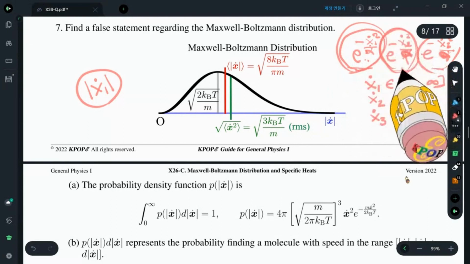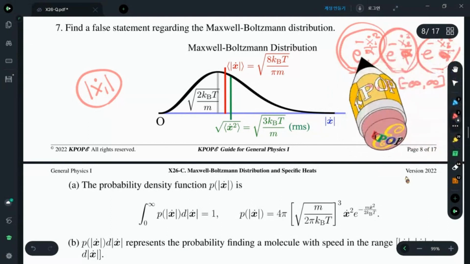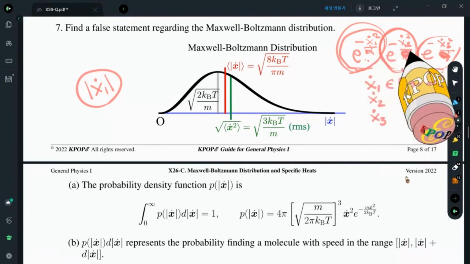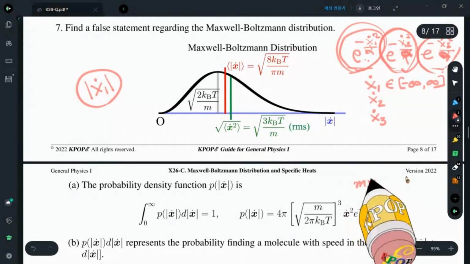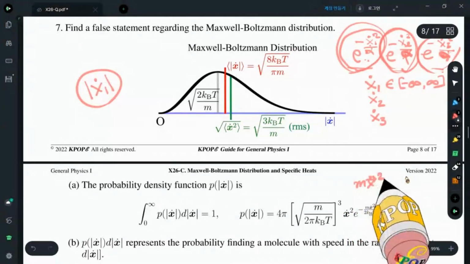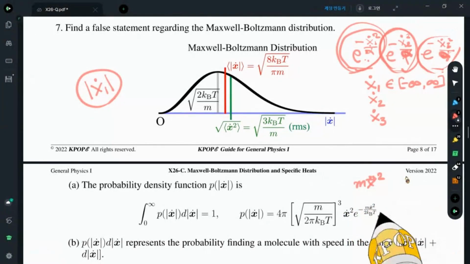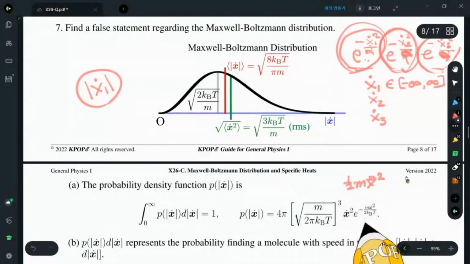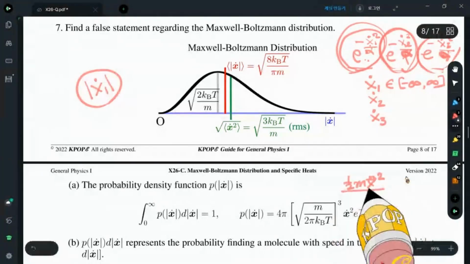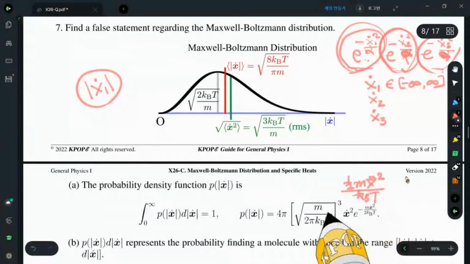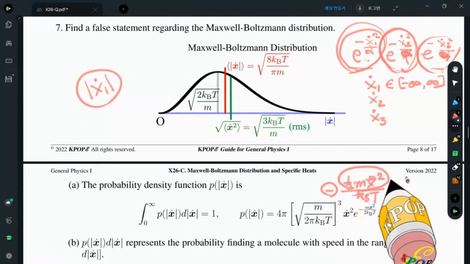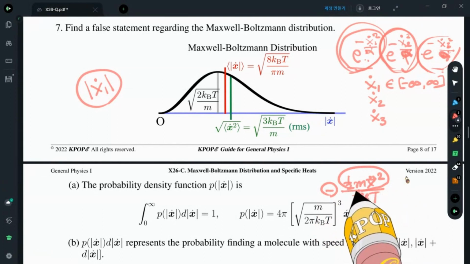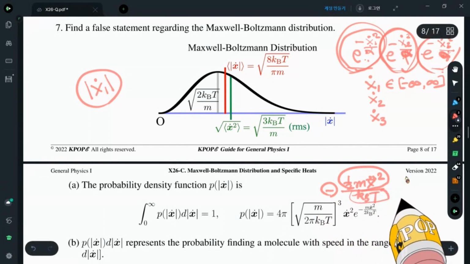They are completely factorized as single variable functions. So if you multiply them, it is something like the exponential of minus one half m x dot vector squared divided by kBT. This is the kinetic energy of a single molecule, and it is scaled with kBT.